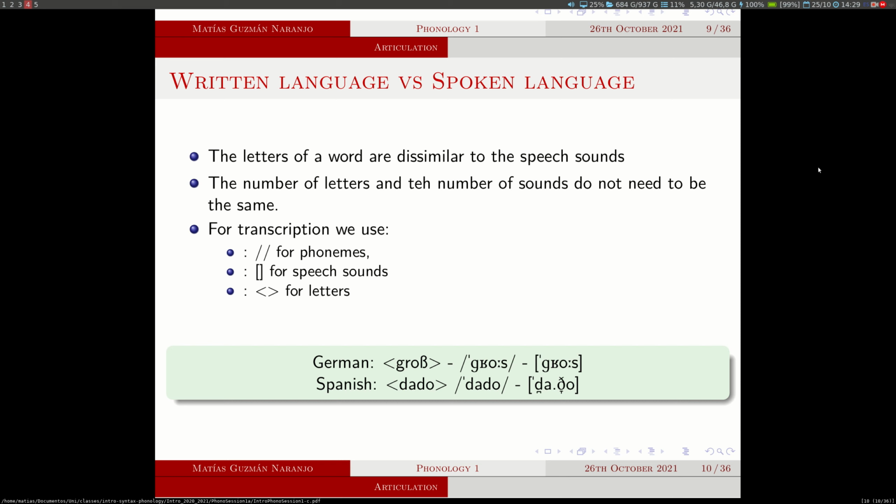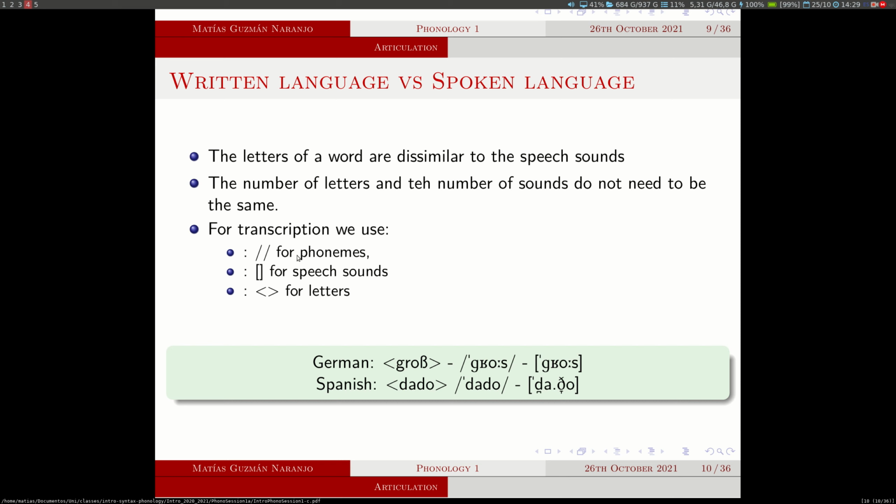A letter is not a sound, and sometimes one letter represents multiple sounds. Sometimes multiple letters represent one single sound, and sometimes letters don't represent any sound. So we want to be very clear in the difference that the orthographic representation of words is not necessarily the pronunciation of those words. So for transcription, we have slashes for phonemes.